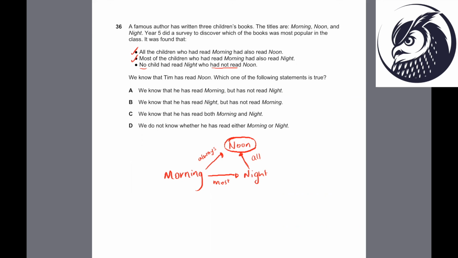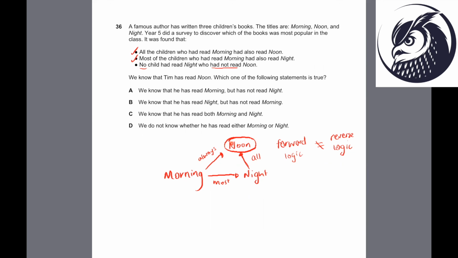And that's a very important tip to be aware of. A forward relationship does not equate to a backward relationship, okay? So also we can call it the forward logic is not the same as reverse logic. So I might just write that here for you guys. It's not equal to the reverse logic. So I give you an example of what I mean. If we know that if I've read morning, I've definitely read noon.